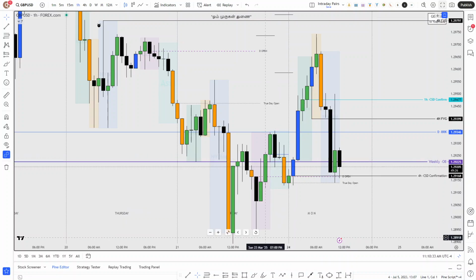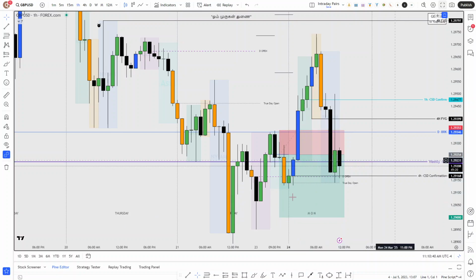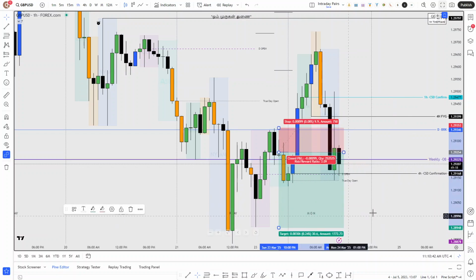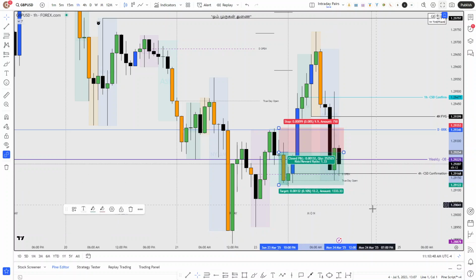1 hour CSG, sorry. So what we did is we took a limit order here and placed our stop loss here, and we were aiming for this low first. But what happened is the market gave 1 is to around 1.3. So we booked a 50% partial and trailed our SL to break even.